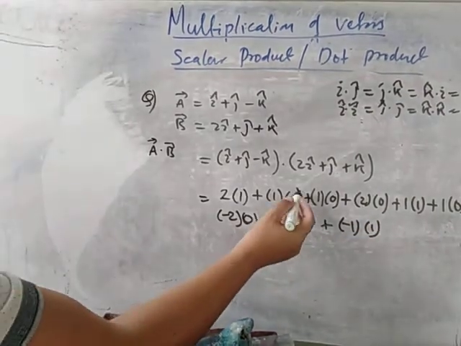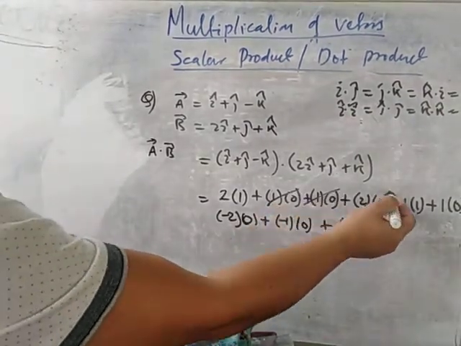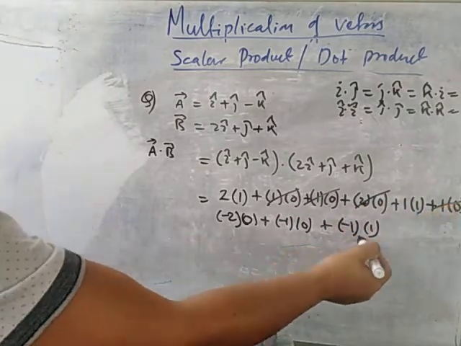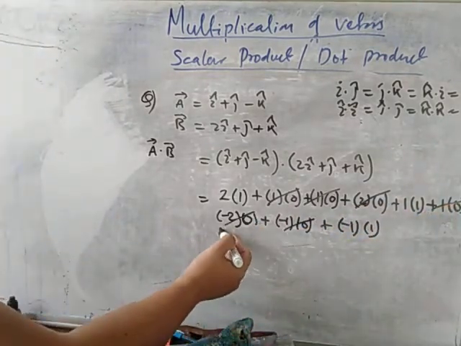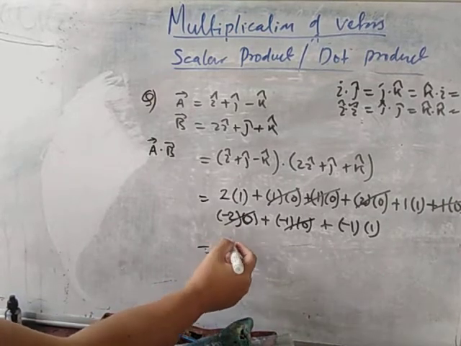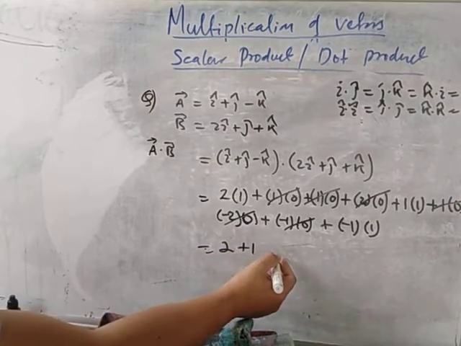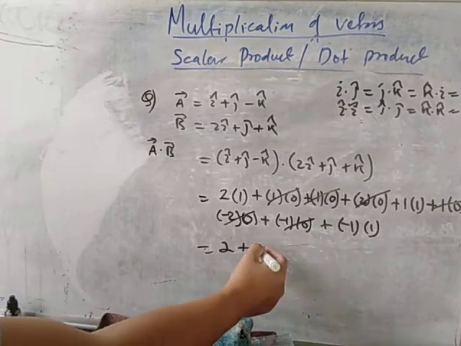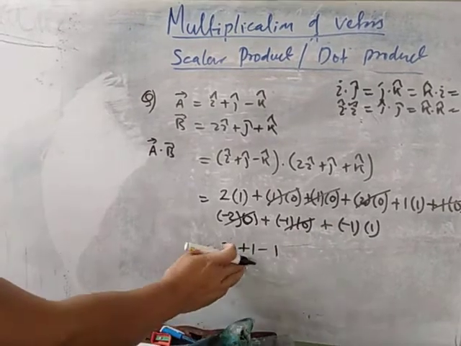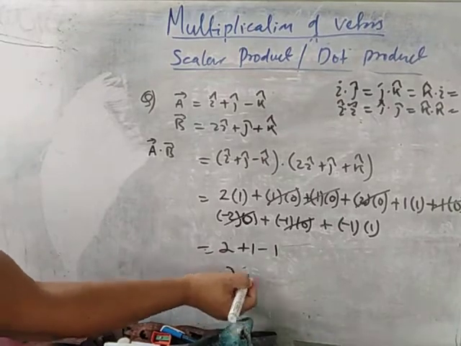So the zero terms go, then left is 2 plus 1 minus 1, how much? That is 2, isn't it?